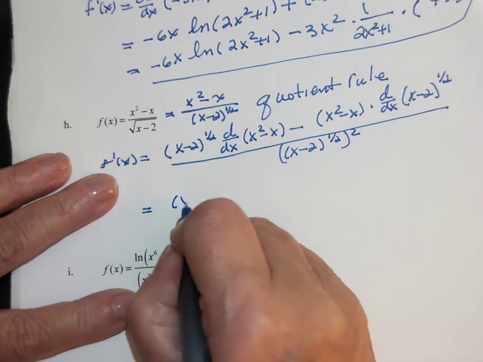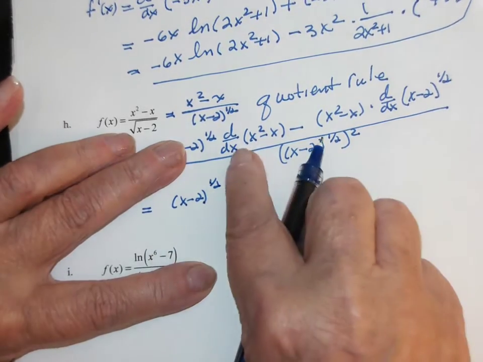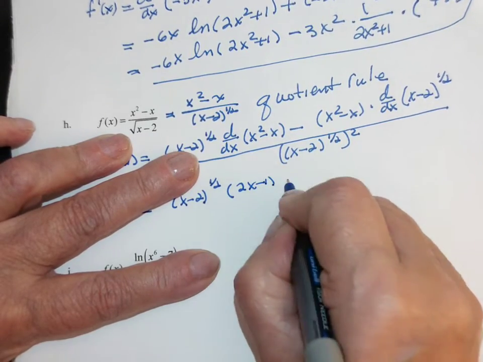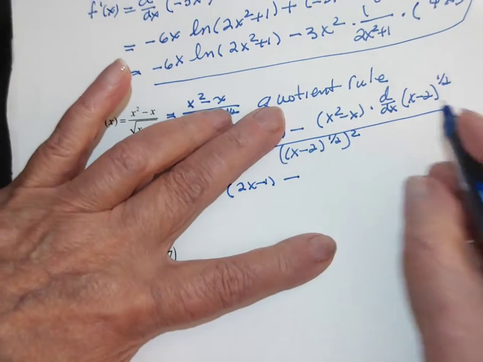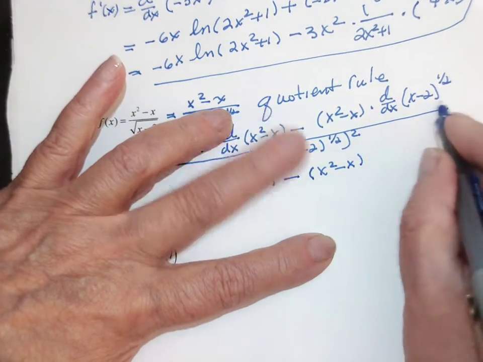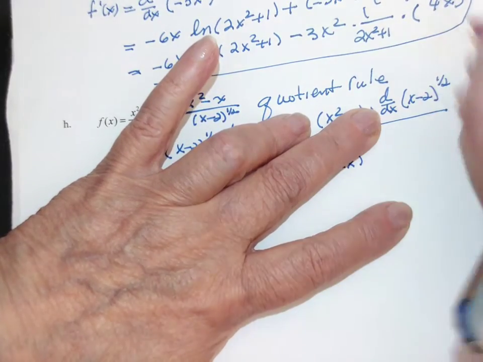Now, so this becomes x minus 2 to the 1/2 times the derivative of x squared minus x. That's just 2x minus 1, minus x squared minus x times the derivative of this guy. This is chain rule.